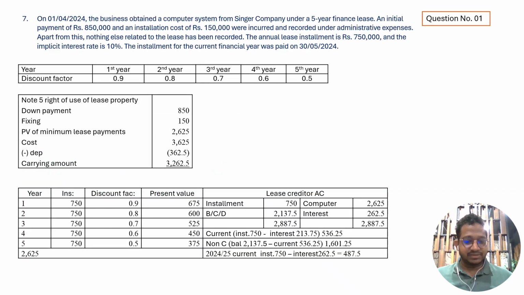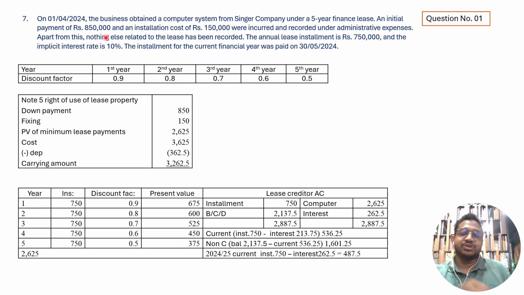The seventh adjustment is given about the lease property. On 1st of April 2024, the business obtained a computer system from a company under a 5-year financial lease. An initial payment of 850,000 and installation cost of 150,000 were incurred and recorded under admin expenses. So that's totally incorrect.